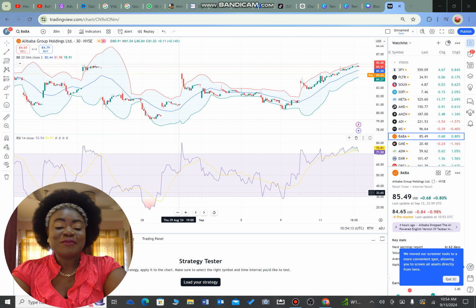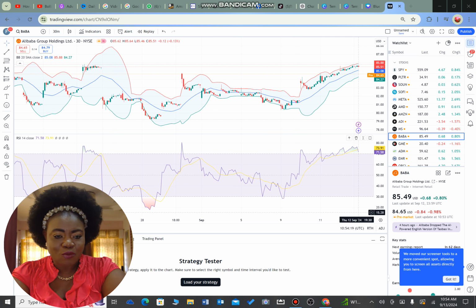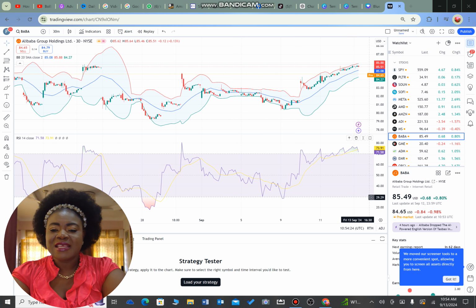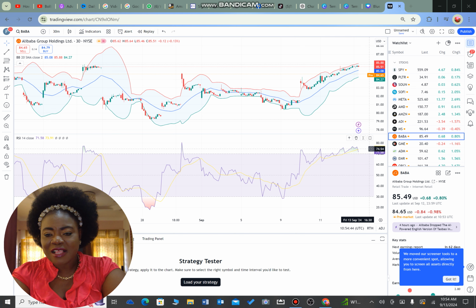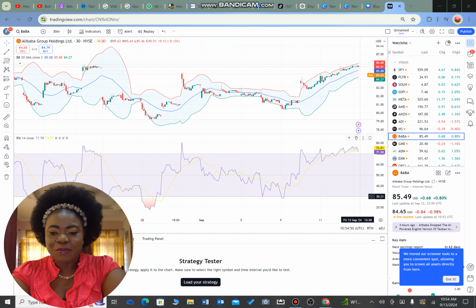Sometimes you look at the RSI, and I've made mention that whenever it is 30 or below, it indicates to us that price has been falling for a while and it may be time for the price to reverse. And when it is 70 and above, it indicates that price has been rising all this while and maybe would be reversing anytime soon. So you would want to enter your sell positions when it is 70 and above, and enter your buy positions when it is 30 and below.